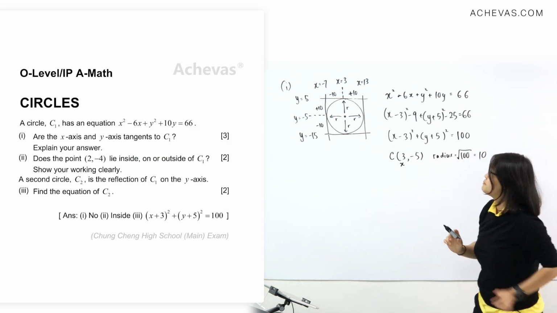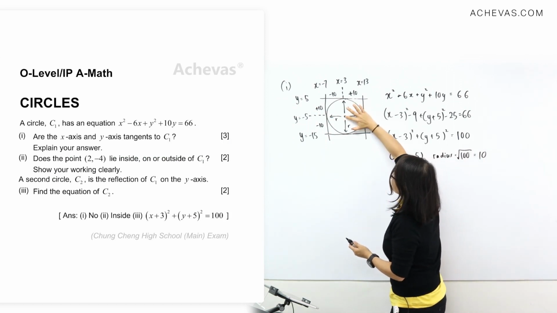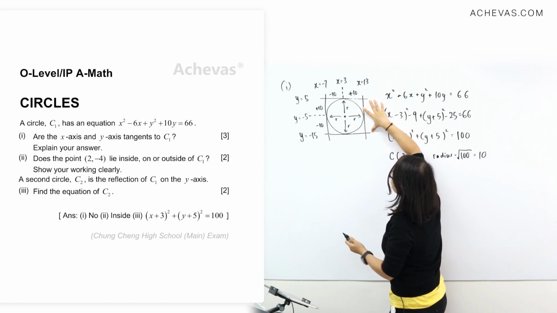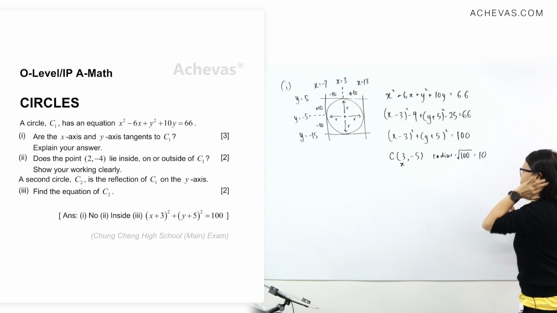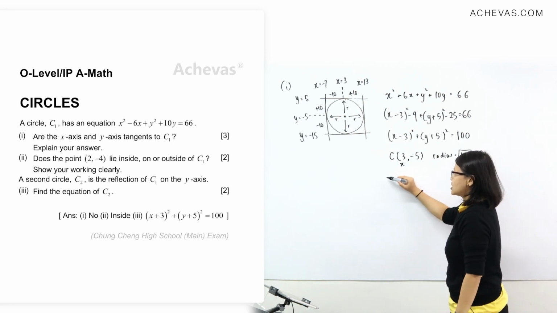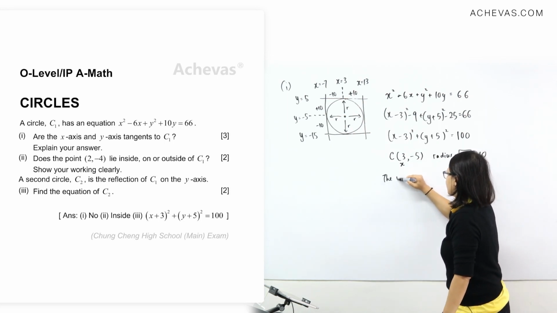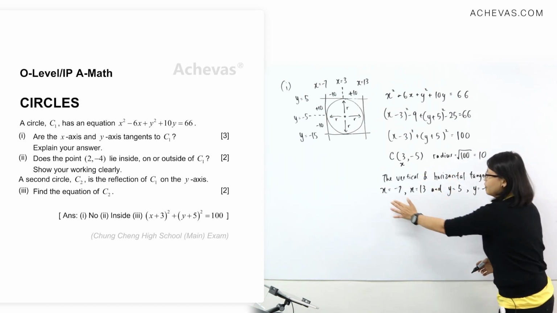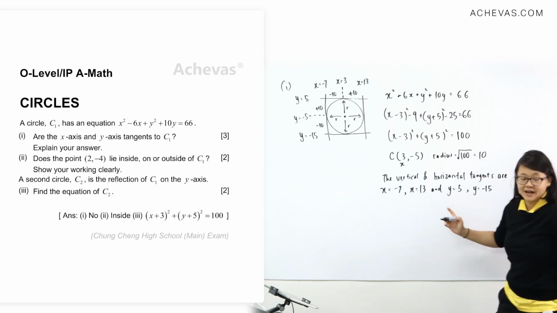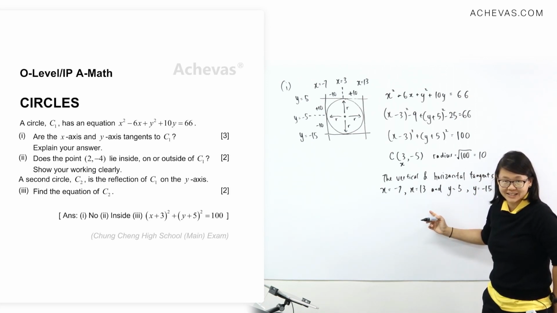So take a look at the picture here. Once I know the center, I can find the horizontal tangent and also the vertical tangent using this very simple method. So I'm going to list down what are the vertical and horizontal tangent. So I have 4 equations here, and none of them are x and y axis equation.